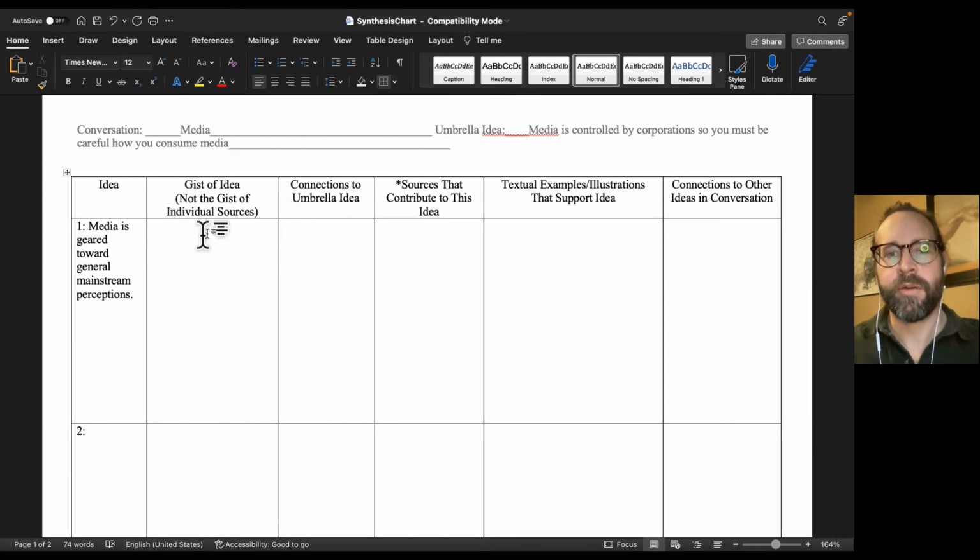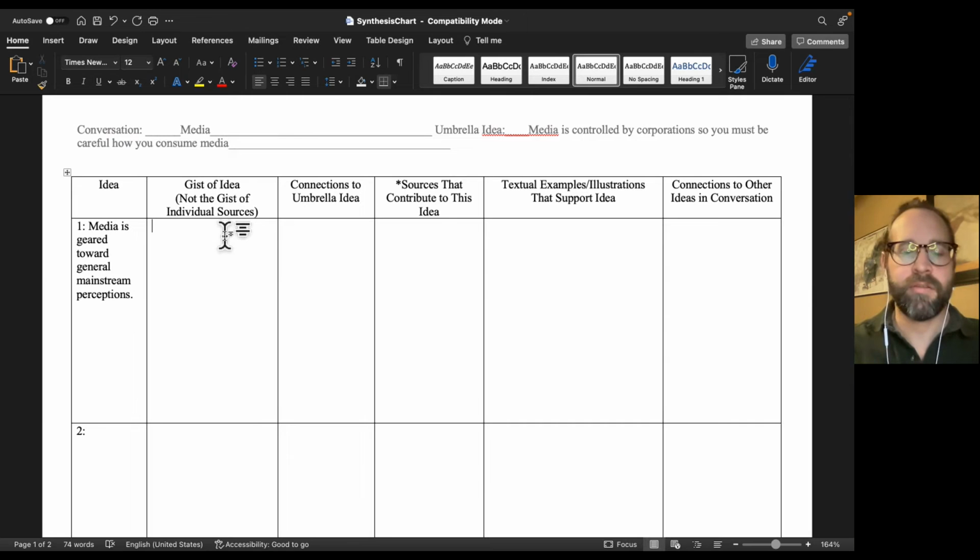So what you want to do in this next column, and again, this falls under your thesis or overall idea about media control, is write the gist of the idea. And the important note here: this is not the gist of the individual sources. This is the gist of the idea overall.